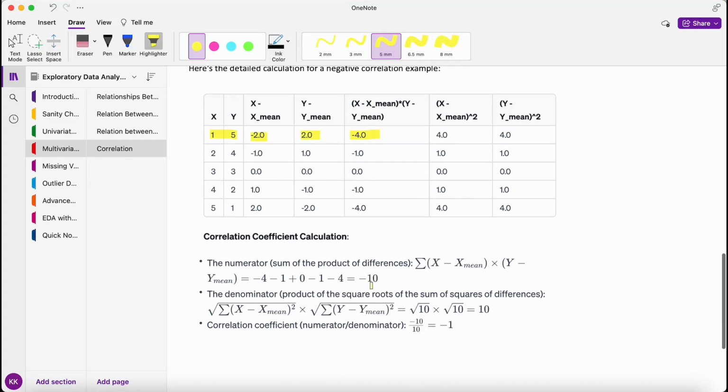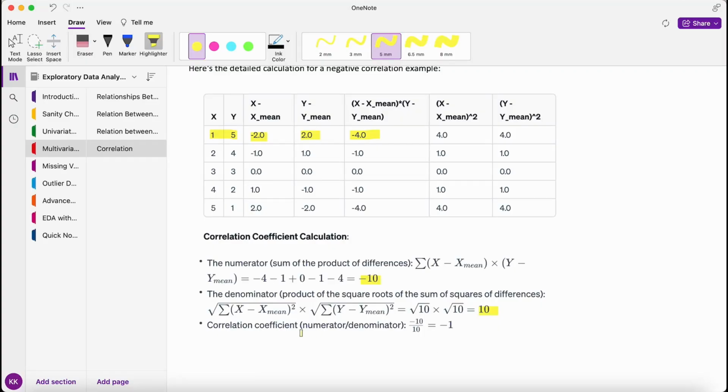For the denominator, we separately sum the squared deviations for x and y. Then we take the square root of each sum and multiply them together. After calculating, we find that both sums of squares are 10, and their square roots are both approximately 3.16. Multiplying these together gives us a denominator of 10.